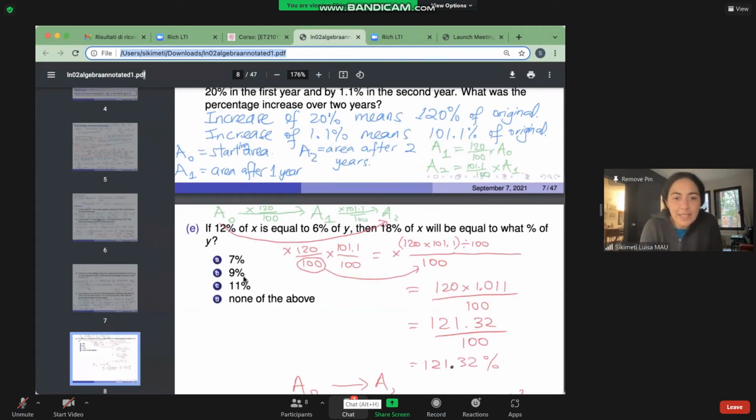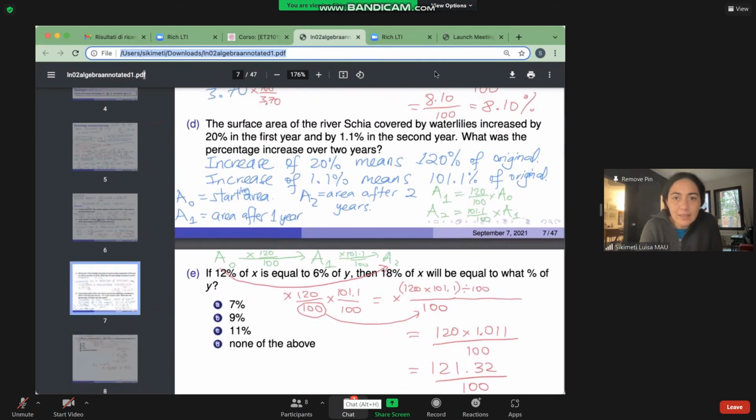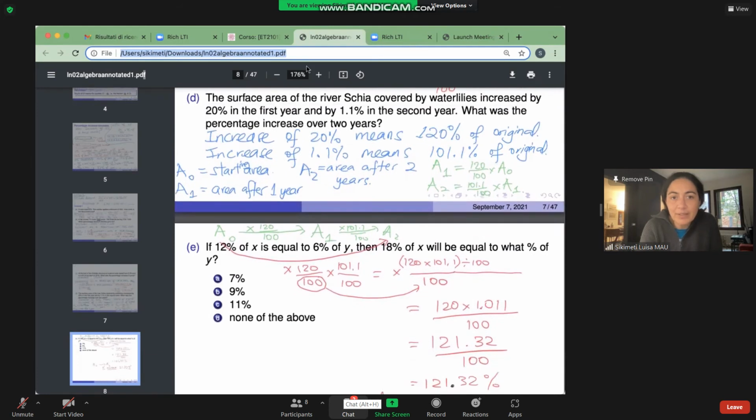So the point was that in order to go from the amount in the original, right at the beginning, to the amount at the end of the second year, you have to go in 2 steps. And in the first step, you multiply. So let's say that your area at the beginning was A. That's what we called here A0.